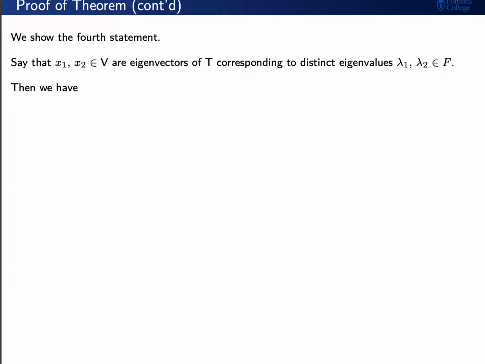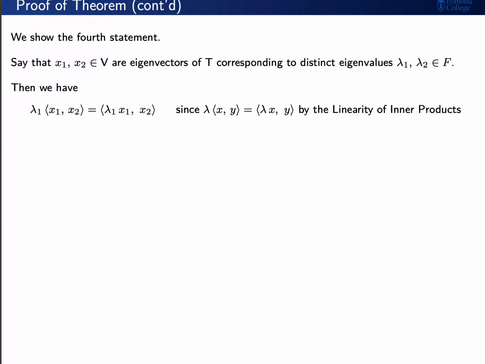Say that x1 and x2 are eigenvectors of our transformation T corresponding to two distinct eigenvalues, lambda 1, lambda 2. Let's start with the expression lambda 1 times the inner product of x1 and x2. We can bring the scalar lambda 1 inside of the inner product because, of course, the inner product is linear.